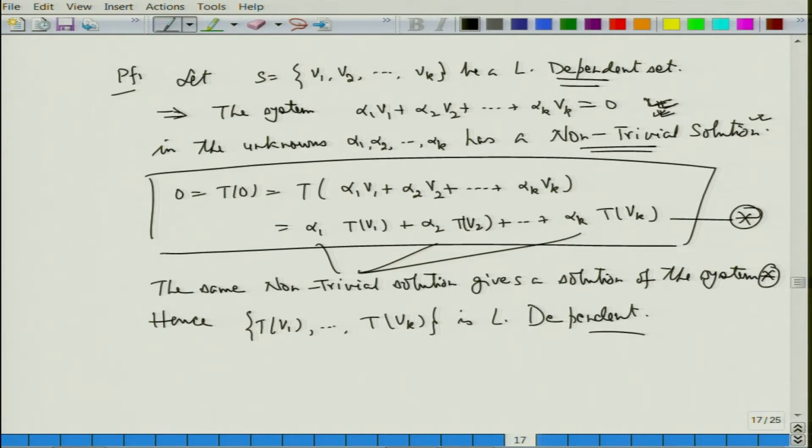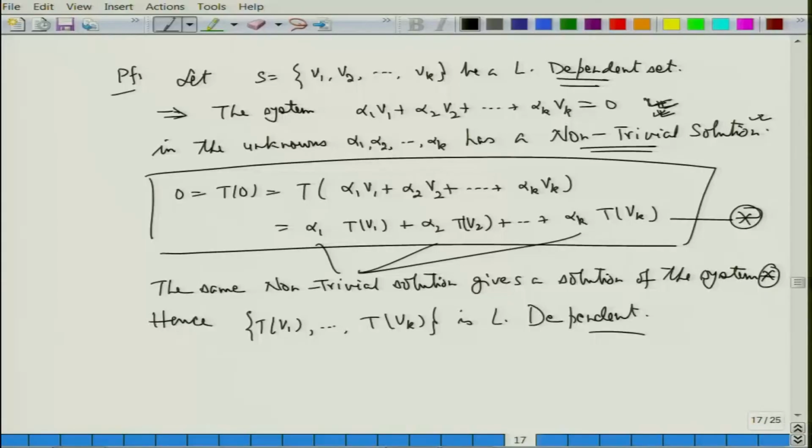From this system, I want to look at another system in which the vectors have changed, but the unknowns are still the same. Alpha 1, alpha 2, alpha k are still the unknowns, the vectors have changed. So in the new system, I see that the same alpha i's which were the solutions at the earlier stage are still a solution to give me 0, fine, and hence everything is fine. Is that okay?